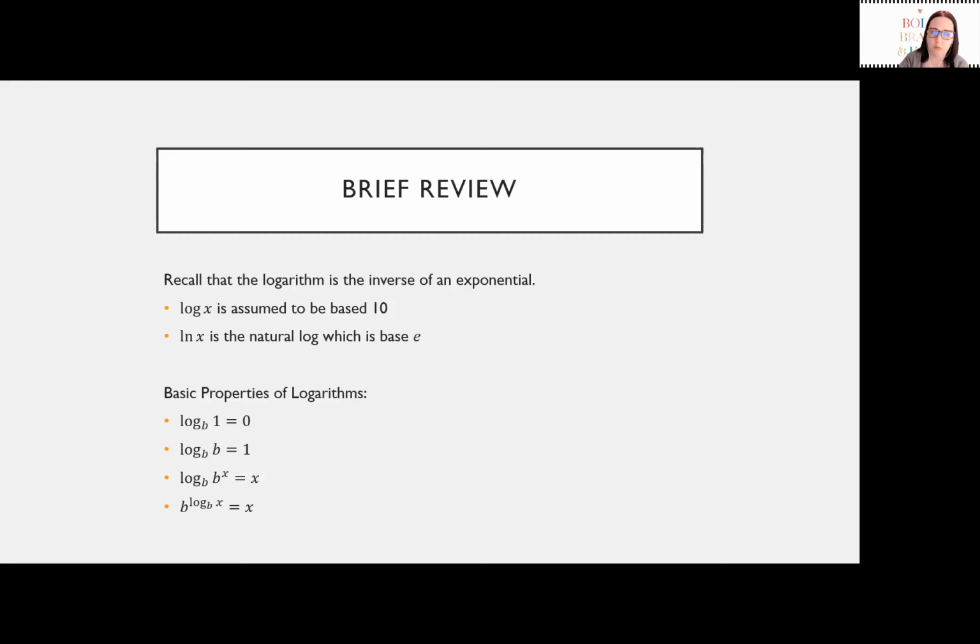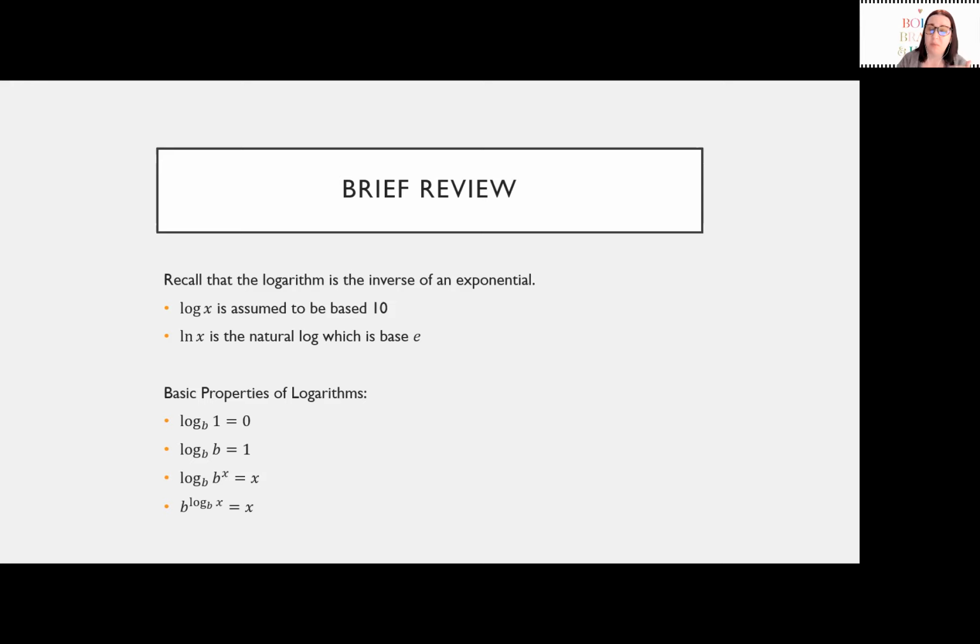That would be what you'd be raising 10 to if you were to rewrite it. And ln stands for natural log, and that has base e. We use that often enough that we have a different symbol for it. So on your calculator, you'll see ln and you'll see log, and those are the base e and base 10 logarithms.